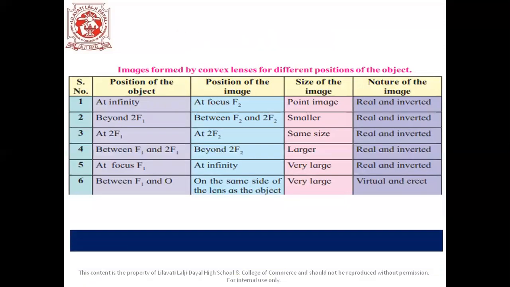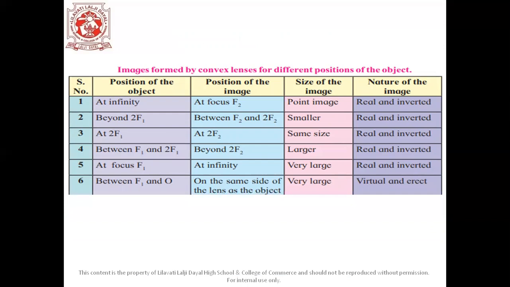That is the images that are formed by convex lens for different positions of objects. So there are 6 positions which you can see in the diagram. So the first position, when the object is placed at infinity, the position of the image is at focus f2.